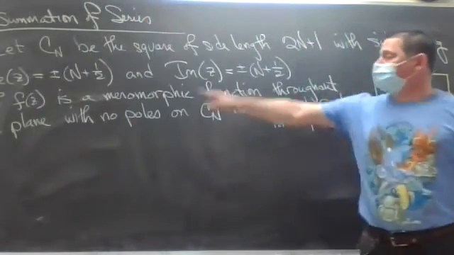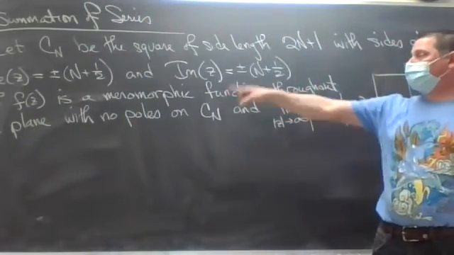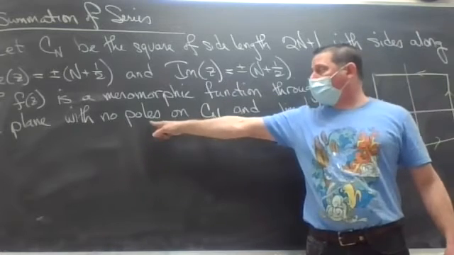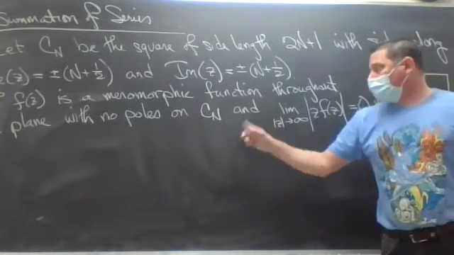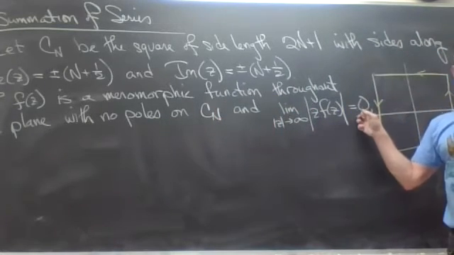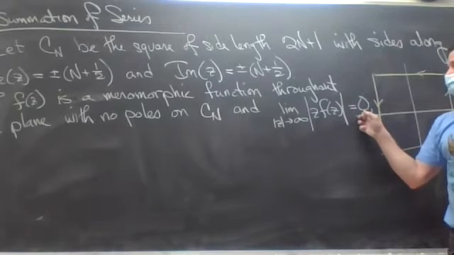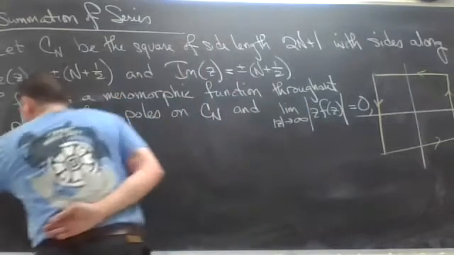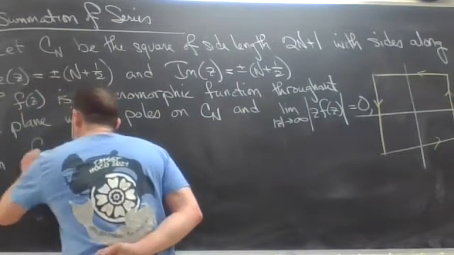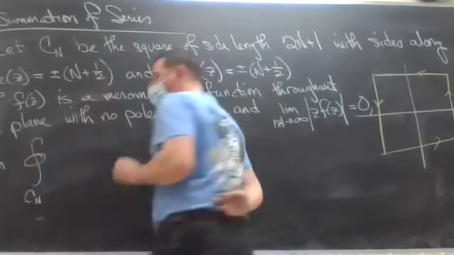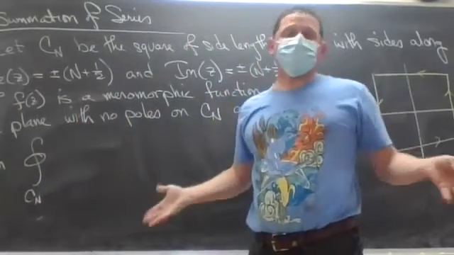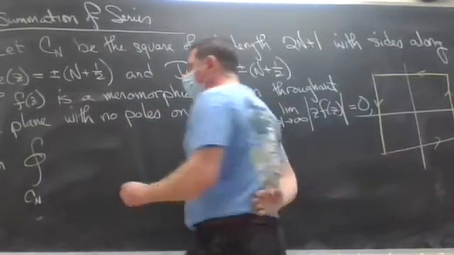So, if f of z is a meromorphic function throughout the plane with no poles on Cn, and this limit is equal to 0, okay, then we can show, and this takes a minute to show, but it's actually pretty straightforward once you get into it.